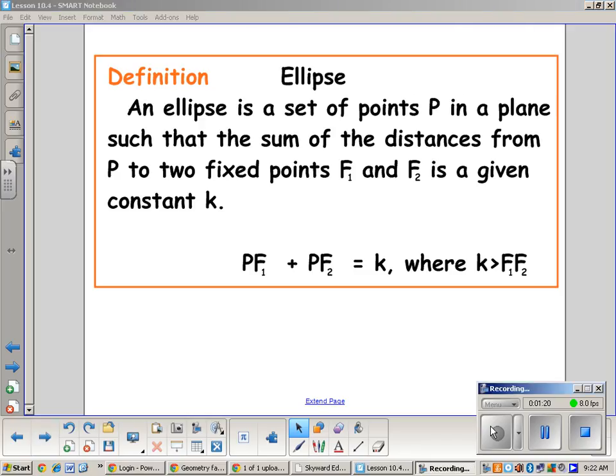So anyway, P represents some point on the graph, and PF1 means the distance from P to the first focus point, and PF2 means the distance from that point on the graph P to the second focus point. That distance always has to add up to K. And so as I showed you with a string and a couple tacks, you can draw an ellipse. An ellipse looks like an oval or egg shape, or whatever you want to think of it as.